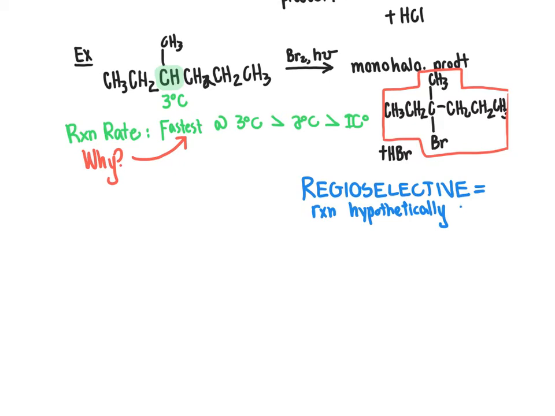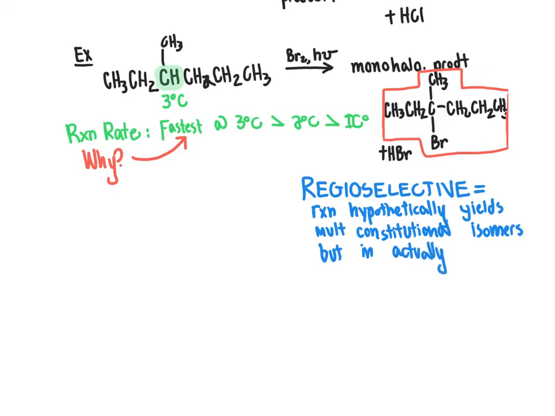So the reaction could hypothetically yield multiple constitutional isomers, in other words, putting the bromine in different spots along that chain, but in actuality, it prefers one or some of those products, not all of them.